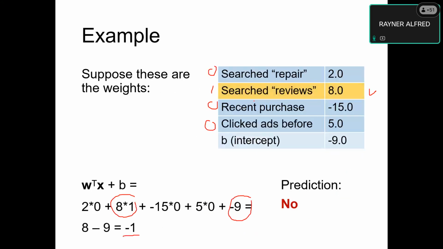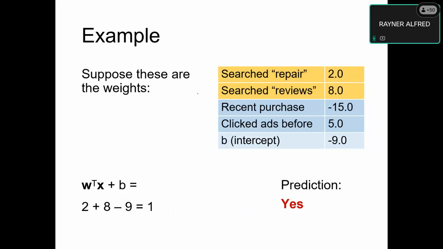So if he clicks on search review, there is no guarantee that he will click on the advertisement on refrigerator. If we have another example here, where he clicks search review and also search repair, we will have this value 1.